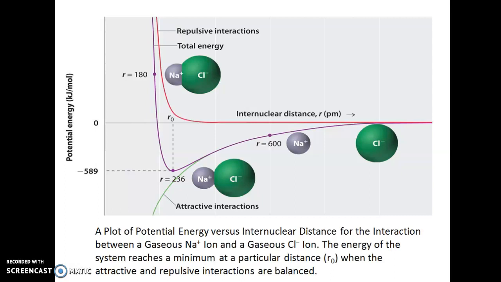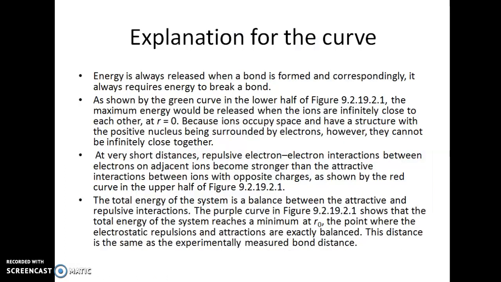The energy of the system reaches a minimum at a particular distance r0 when the attractive and repulsive interactions are balanced. So energy is always released when a bond is formed, and correspondingly energy is required to break a bond. This is shown in the plot.